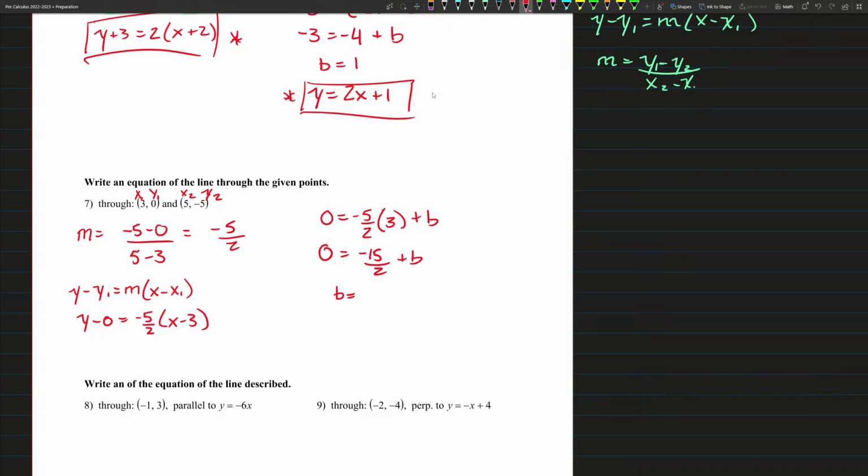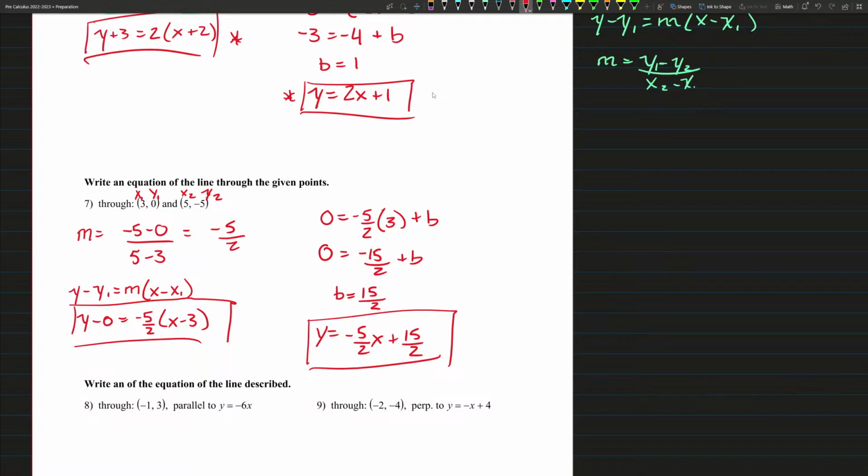So b is 15 halves. So then we have y is equal to negative 5 halves x plus 15 halves. Either one of these will do. And really, there's even more answers than this, right? We could have used our second point as well. But again, it's just up to you.